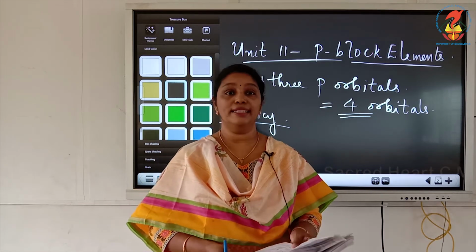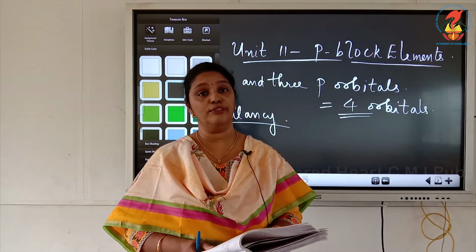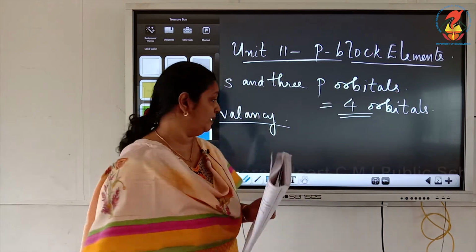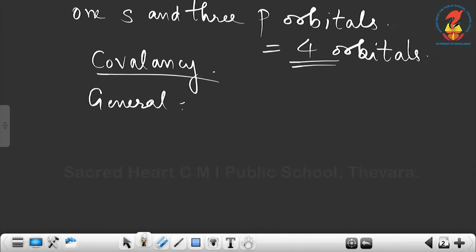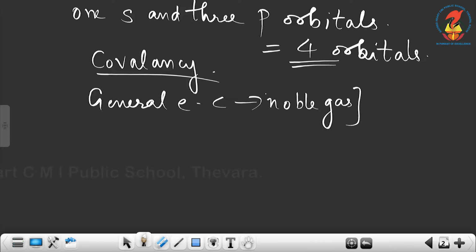Now next let us see the general electronic configuration of these P block elements. The general electronic configuration is noble gas ns2 np1 to 6.